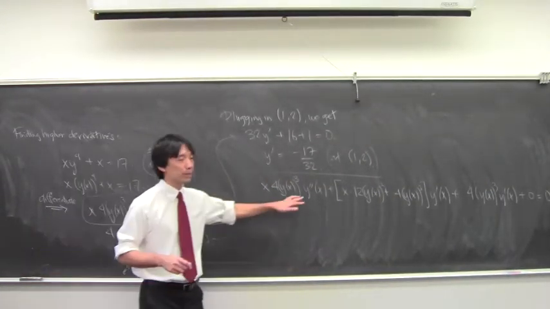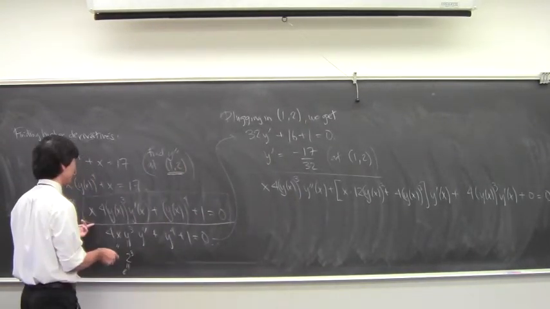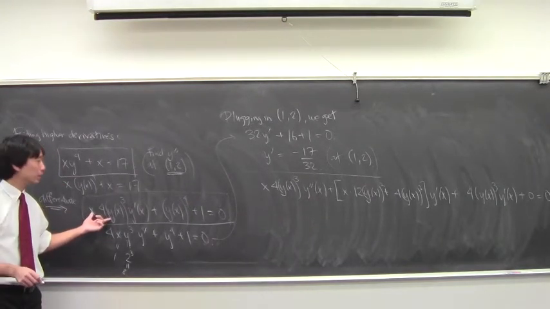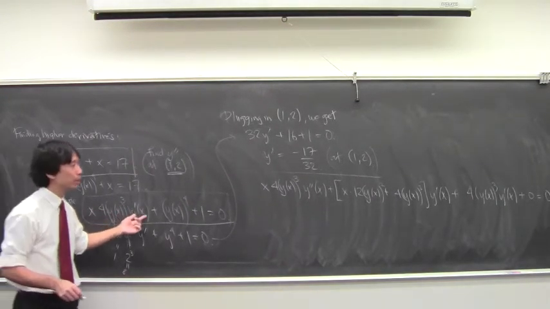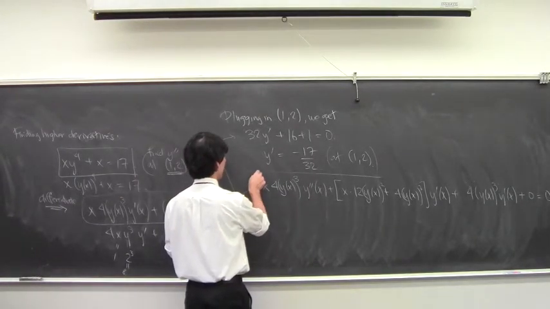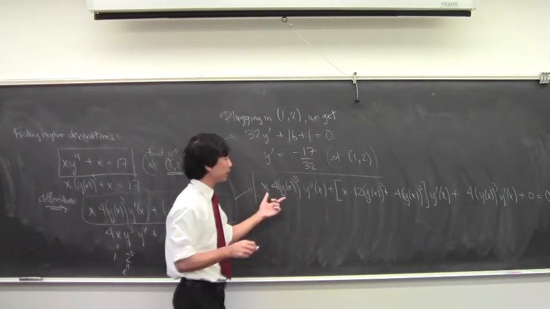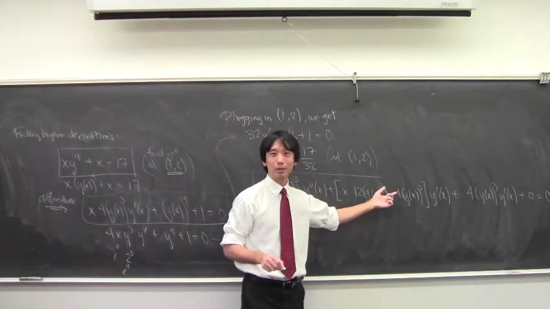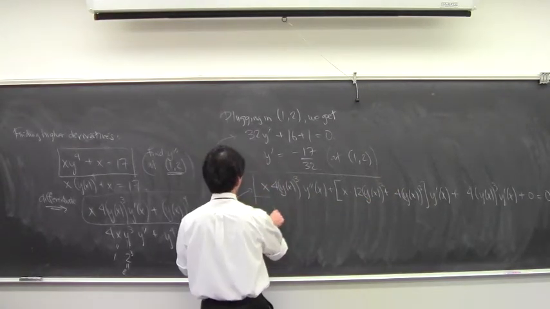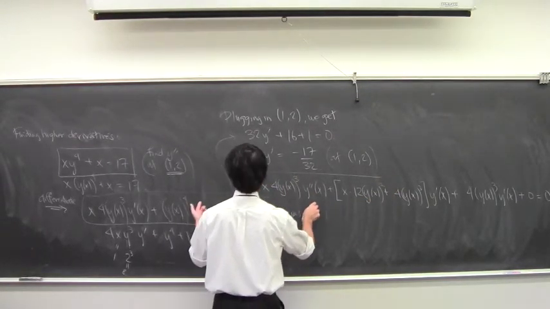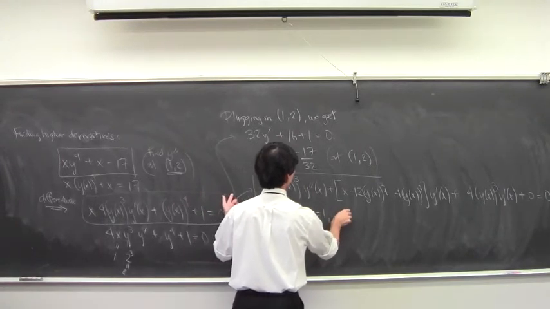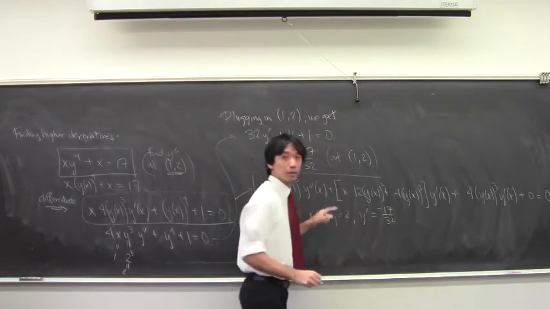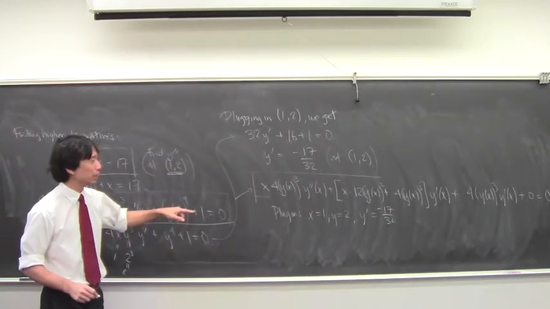Yeah. Okay, right, so you differentiate this thing, right? We started from here, differentiated and got this. We can use this to solve for y prime. We differentiate this, and we get this thing, which is a relation between x, y double prime, and y prime. So you just plug in: x is 1, y is 2, and y prime was negative 17 over 32.